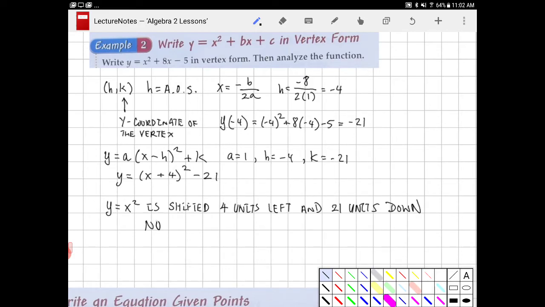There's no vertical stretch or compression.